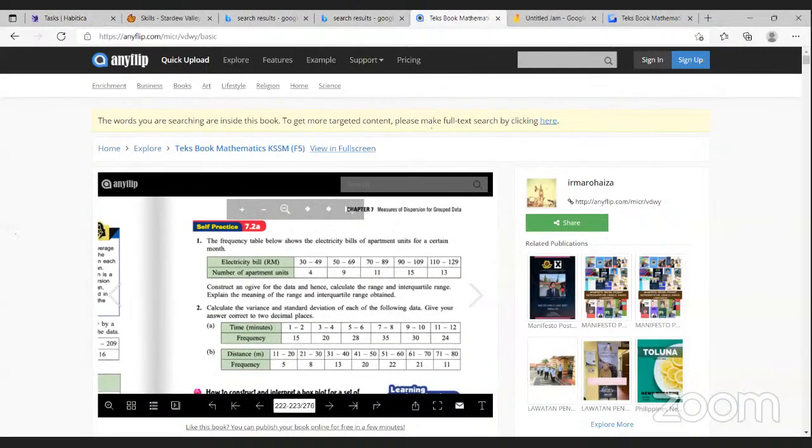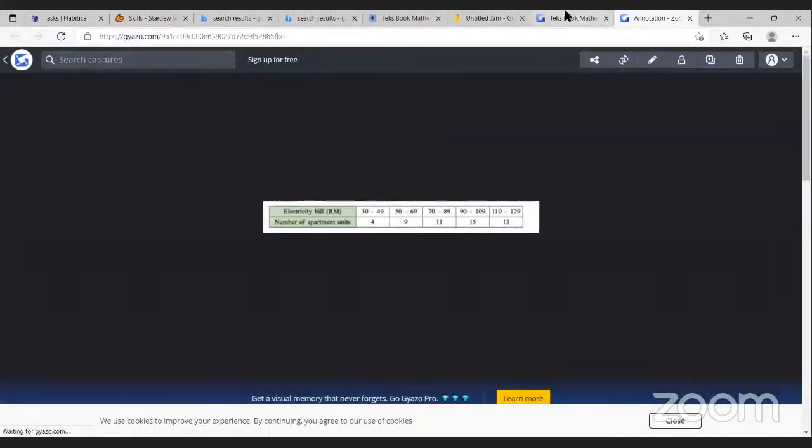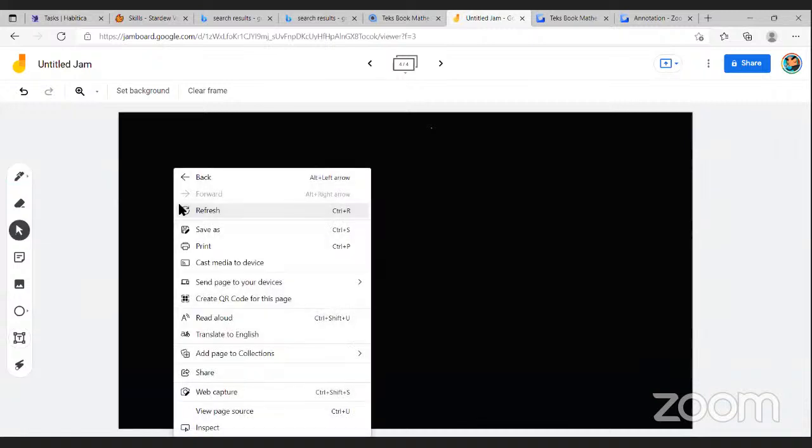The frequency table below shows the electricity bills of apartment units for a certain month. Construct an Ogai. The Ogai is actually generally one of the important parts of it. But let me just copy this and put this here.